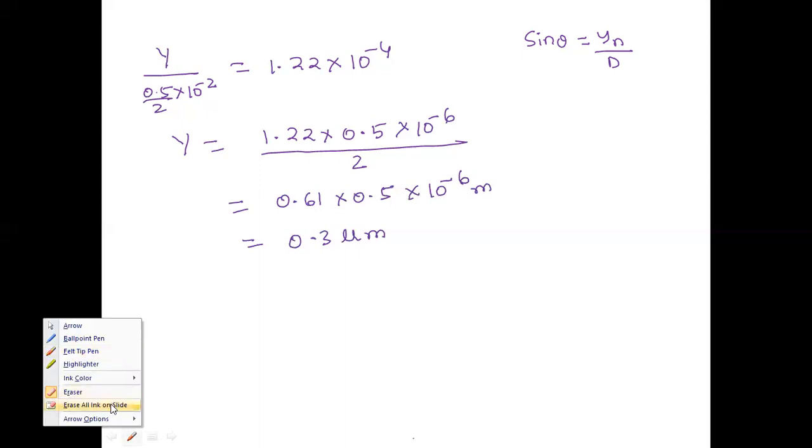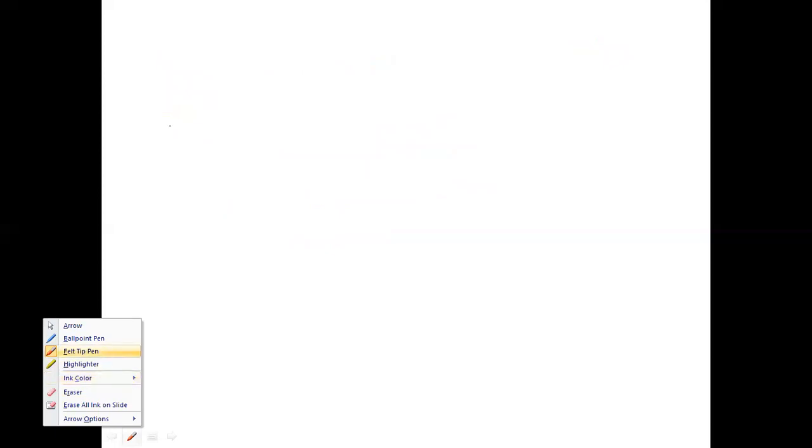y by D, they gave the radius, is equal to theta. So y is equal to theta into r.